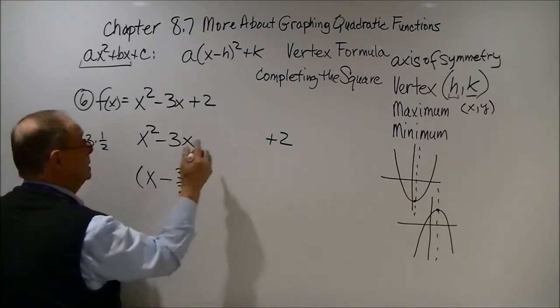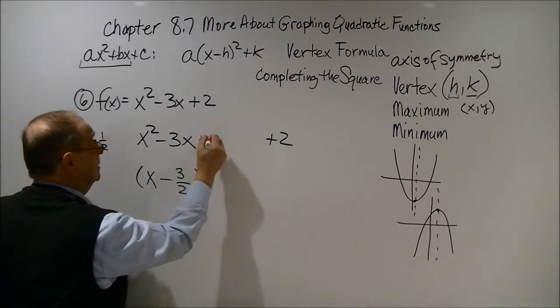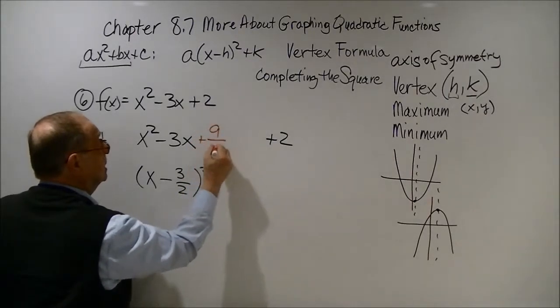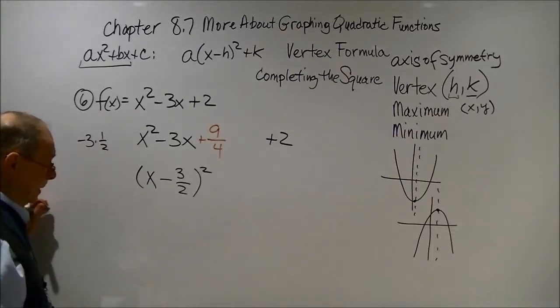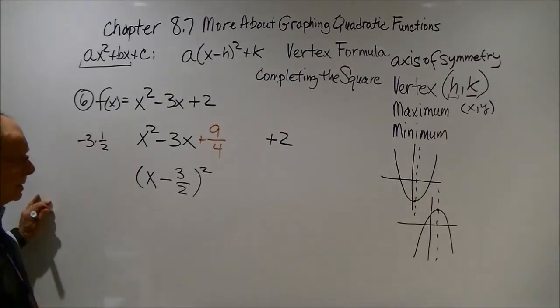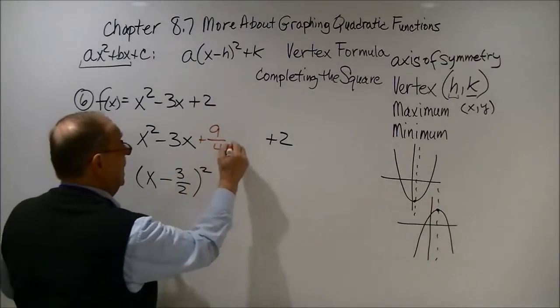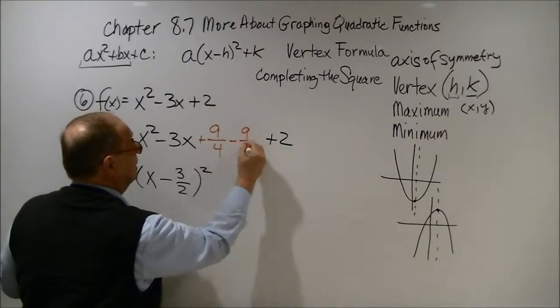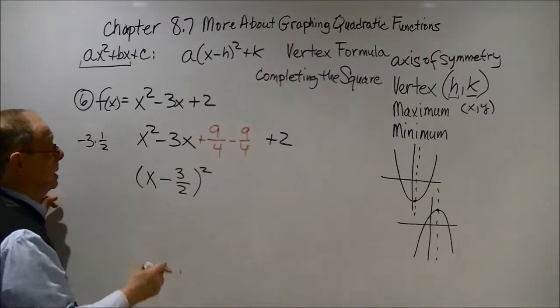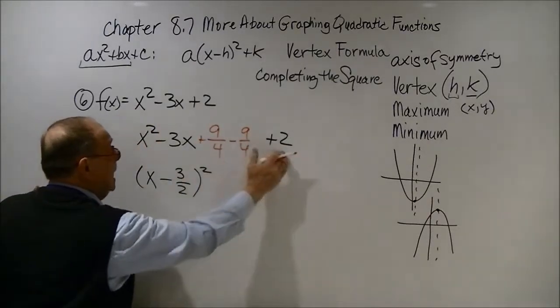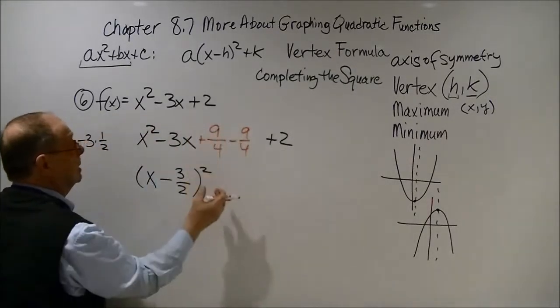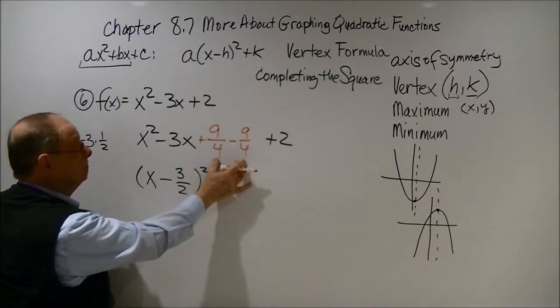So this becomes then a positive 9/4. But again, the special technique that we're using is we're also going to write a negative 9/4. Now notice this is exactly this, because this is 0.